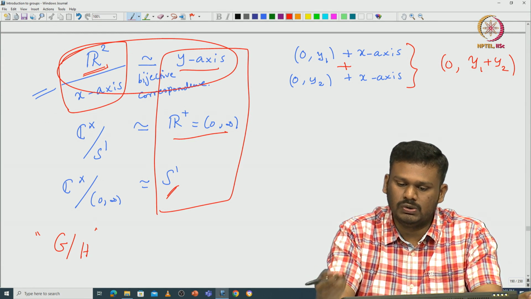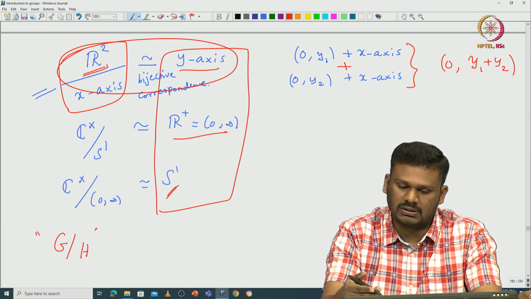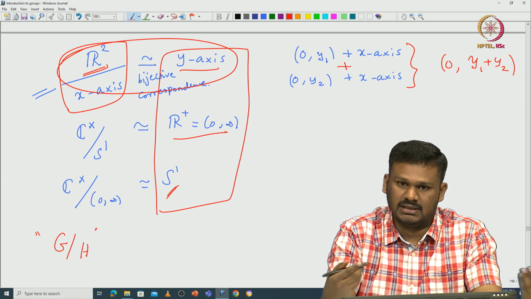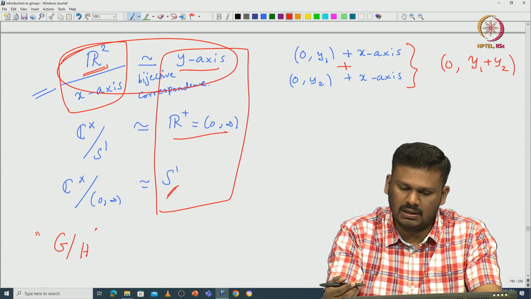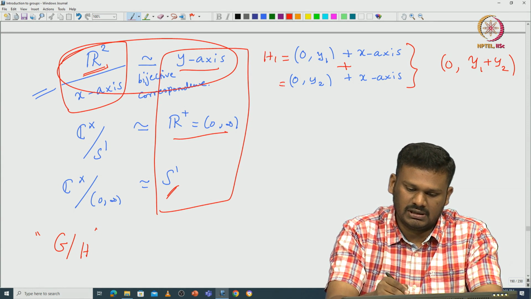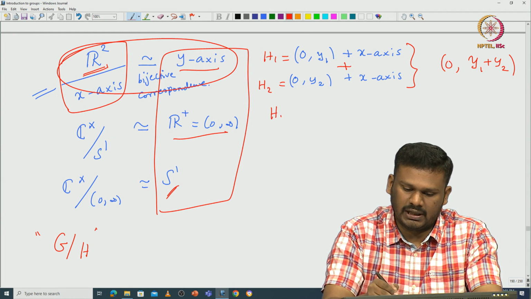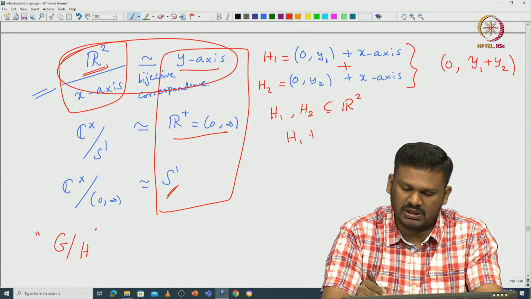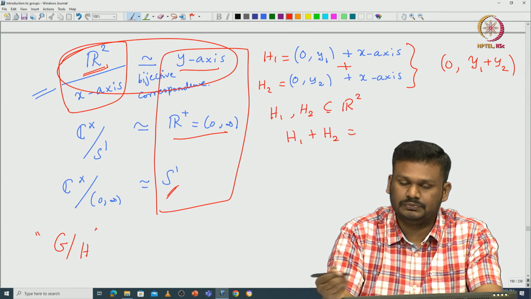So we just use that addition, try to add these two as sets, and see what happens. Call this H1 and this H2. Both H1 and H2 live inside R2, so I can define H1 plus H2, no issue.